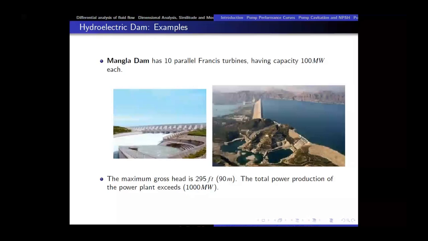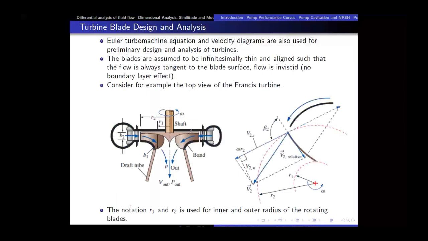I hope this lecture gives you a brief overview of turbines, their principle and different components, and how water comes in. Then there will be some more detailed, in-depth analysis about the blade design, how we can calculate the power generation, and how to design a blade. Those involve some knowledge of turbomachinery and velocity triangles.